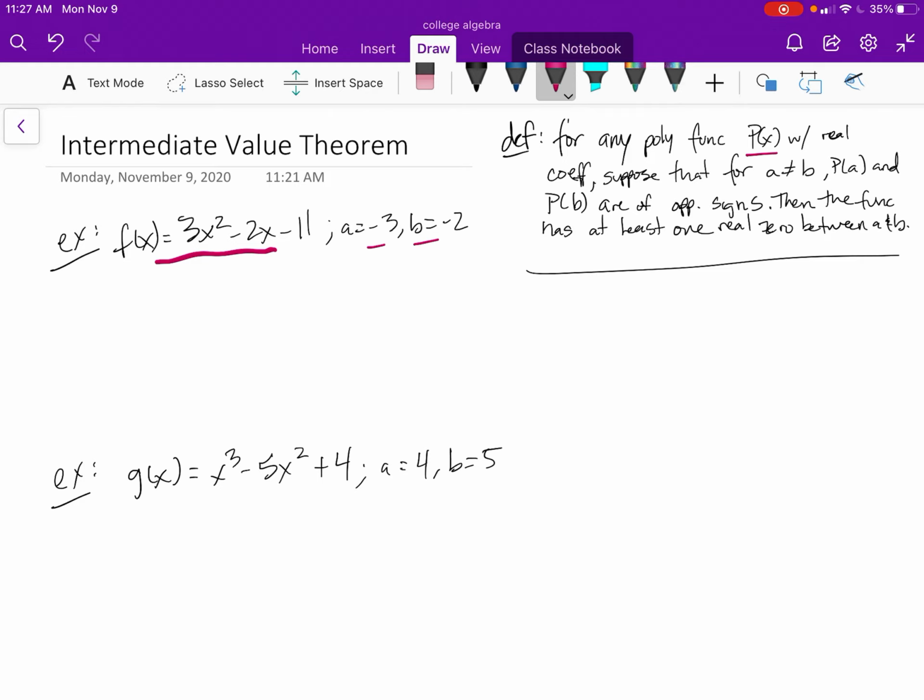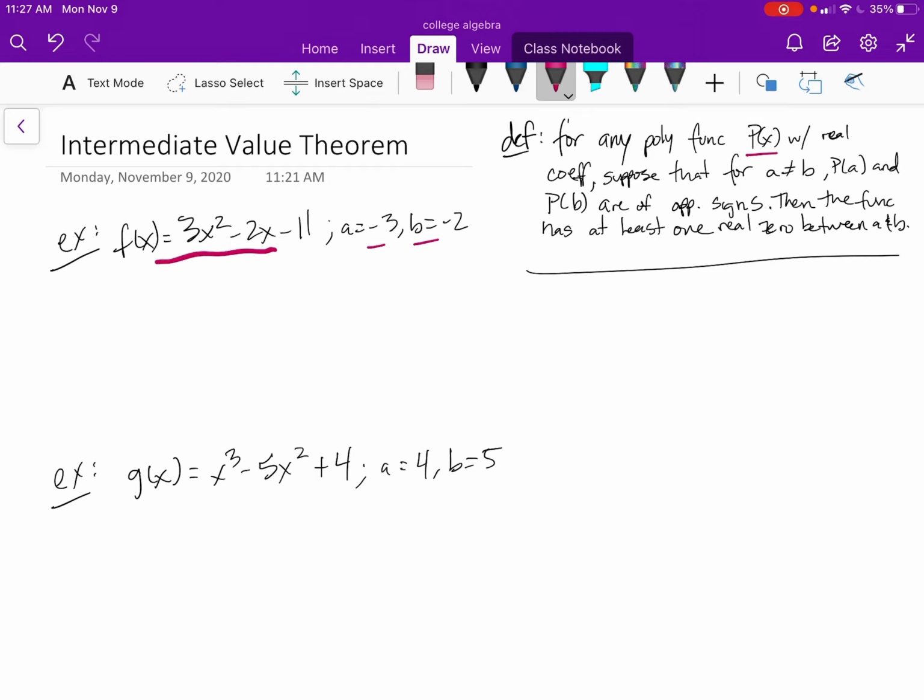No square roots or anything like that. It has to have real coefficients, so no imaginary numbers. Not saying there might not be an imaginary zero, an imaginary solution, but the way that it's written, they will have all real coefficients.